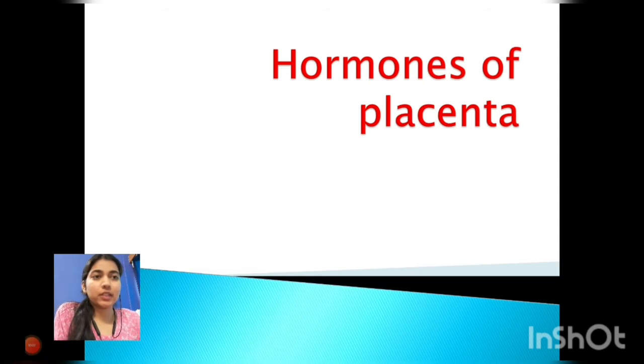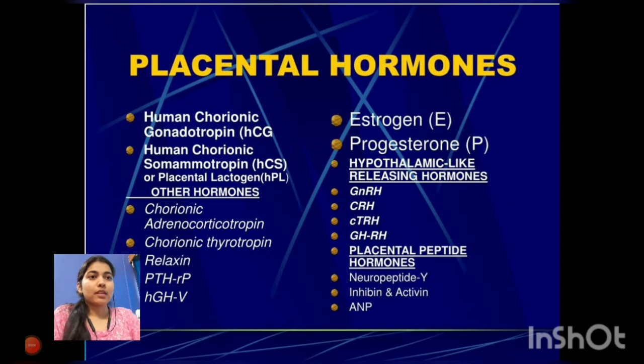So continuing the video with hormones of the placenta. Placental hormones are of various types like HCG, HCS, also known as HPL, human chorionic somatomammotropin, or human placental lactogen. This is the same thing, HCS or HPL.